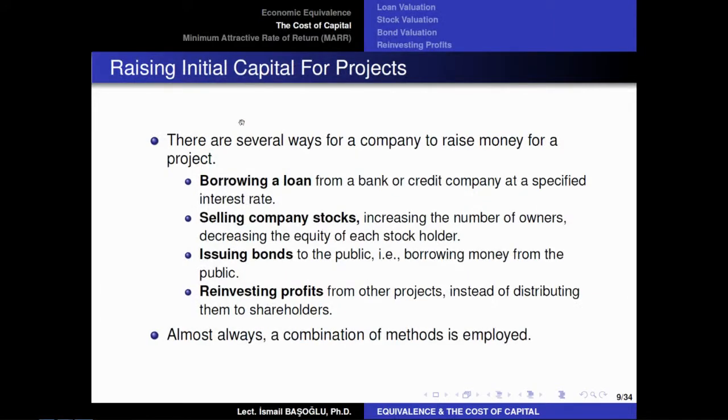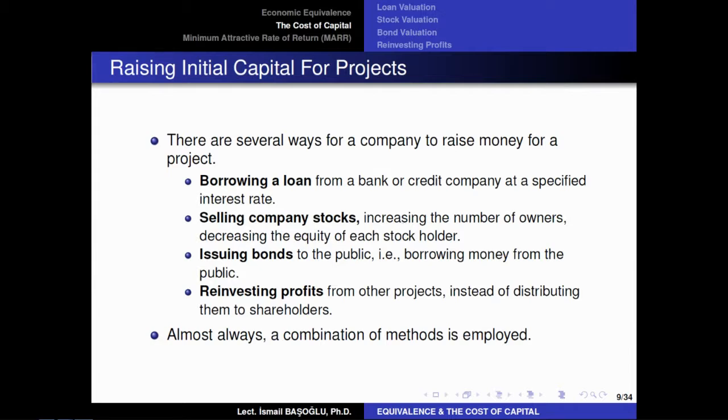So there are several ways of raising capital for projects, and we are just going to cover 4 of them. You can either borrow a loan from a bank or credit company at a specified interest rate. In that case, the cost of the capital will be this annual interest rate. Or you can sell your company stocks in the stock market, okay? And this is, of course, increasing the number of owners of the company.